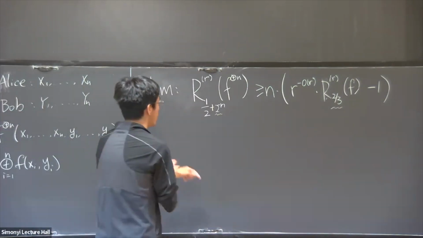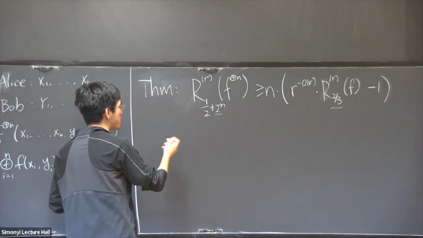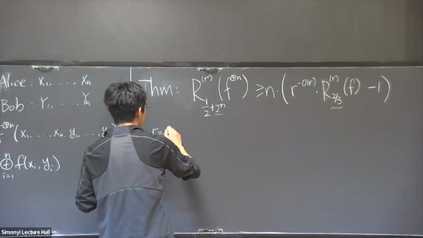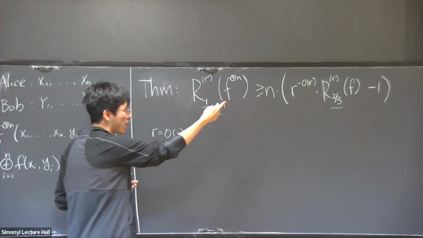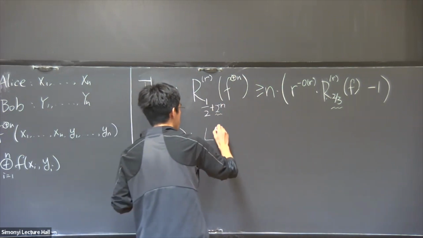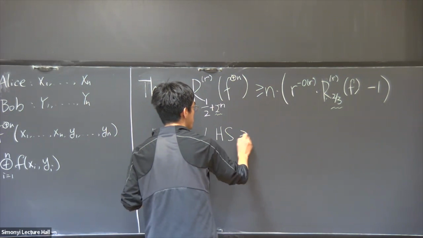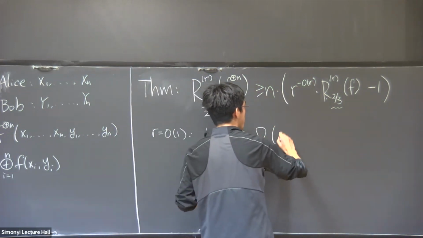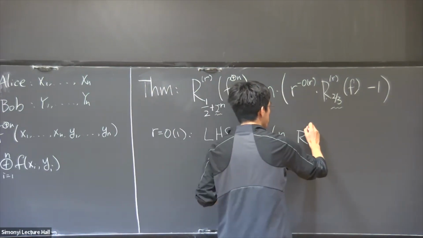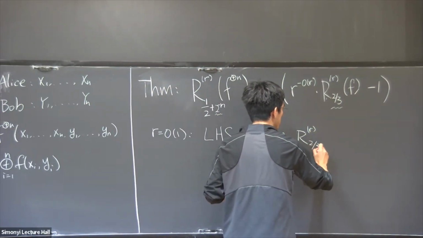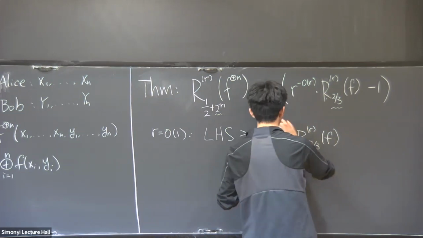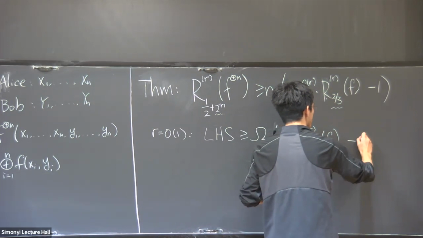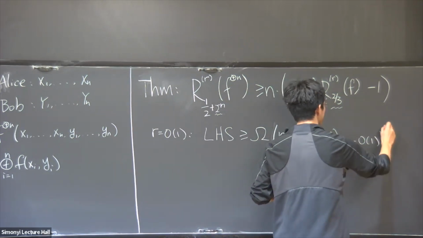So I guess this statement is most interesting when r is a constant, because in this case r to the r is also a constant, and this statement just simplifies to: the left-hand side is at least n times the cost of f, minus O(1).